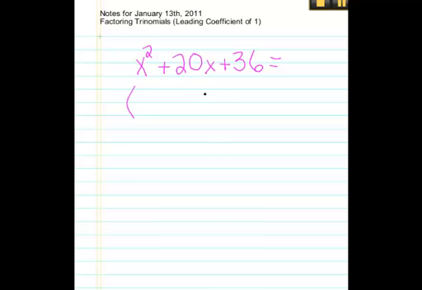Again, I'm going to set up my parentheses for my groupings of two binomials. We know that x times x gives us x squared. Again, this has a leading coefficient of 1, so I can use this x technique. I'm going to put the constant on the top.